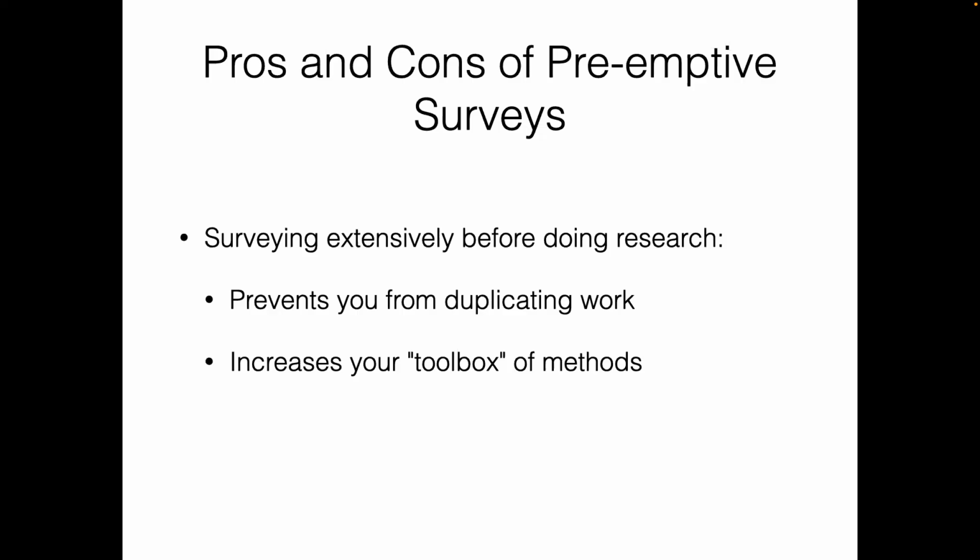And I think the really good thing is that it can increase your toolbox of methods or just the way that you think about things. By definition, none of us knows everything. And especially when we're going into a new area, reading papers and spending time on them is basically just learning about the area. And so that's obviously really useful.